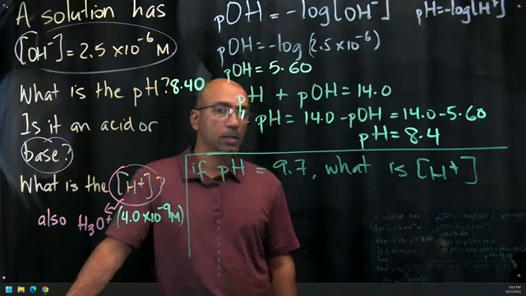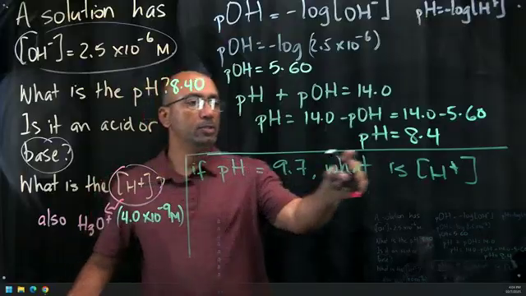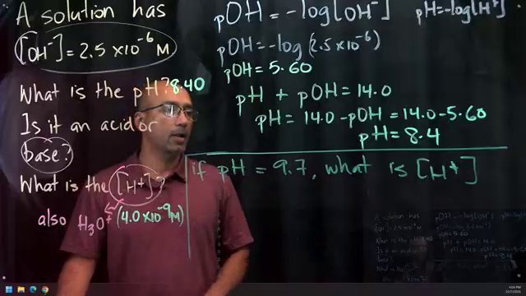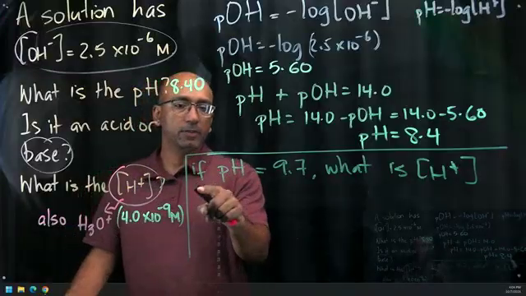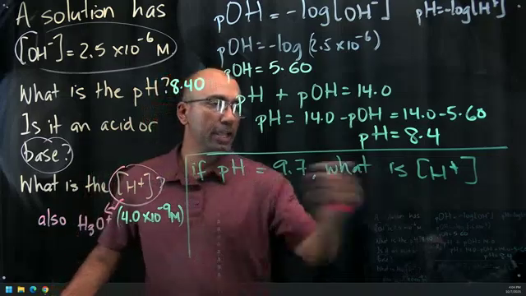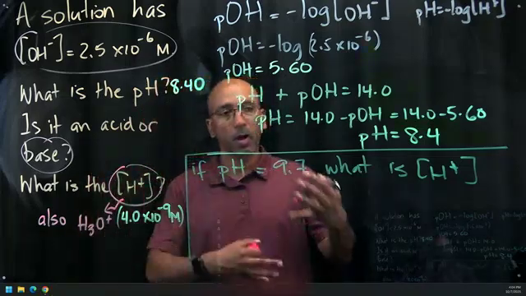Now, in some cases, we're going to be measuring the pH, and then we need to determine the concentration of the hydrogen ion. In this case, we said if the pH of a solution is 9.7, what is the H plus concentration? All right, so now we're going in sort of the opposite direction.